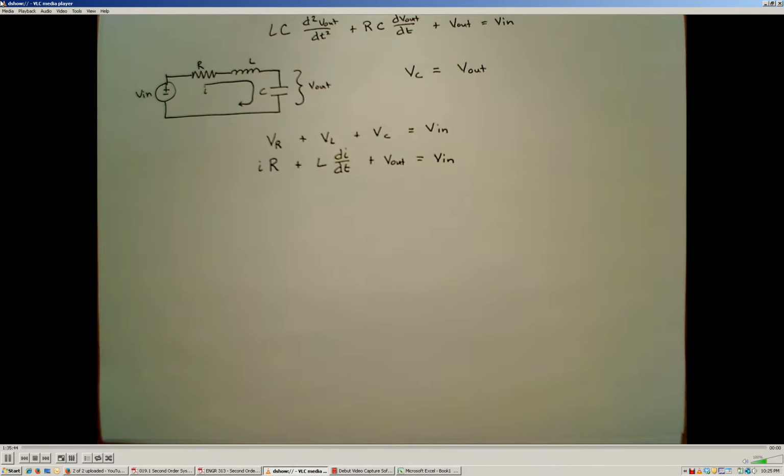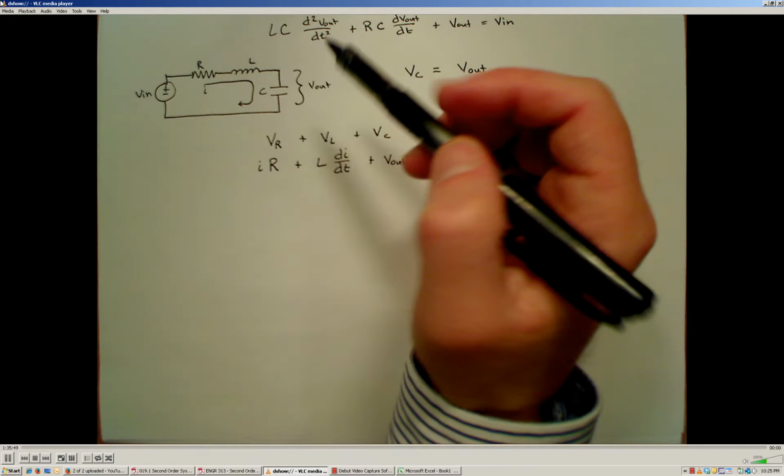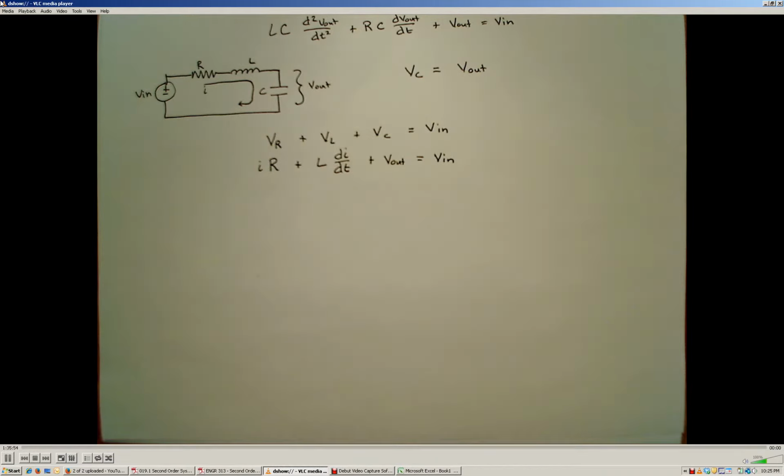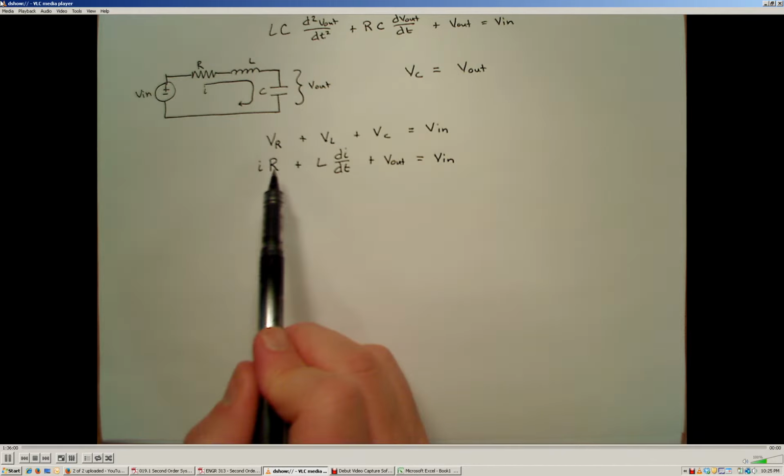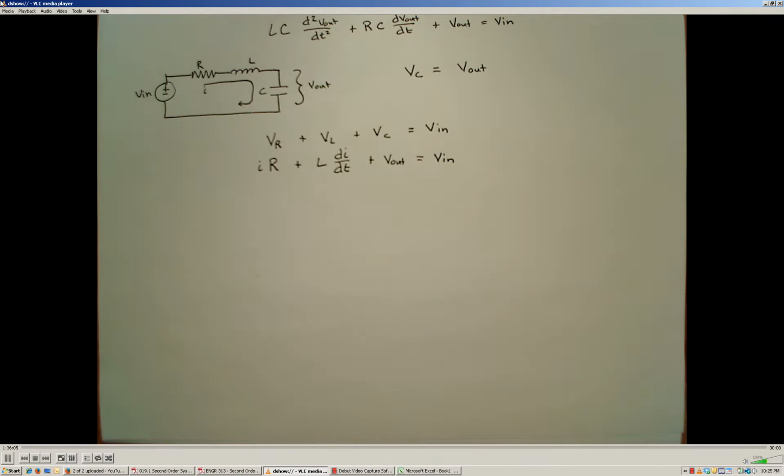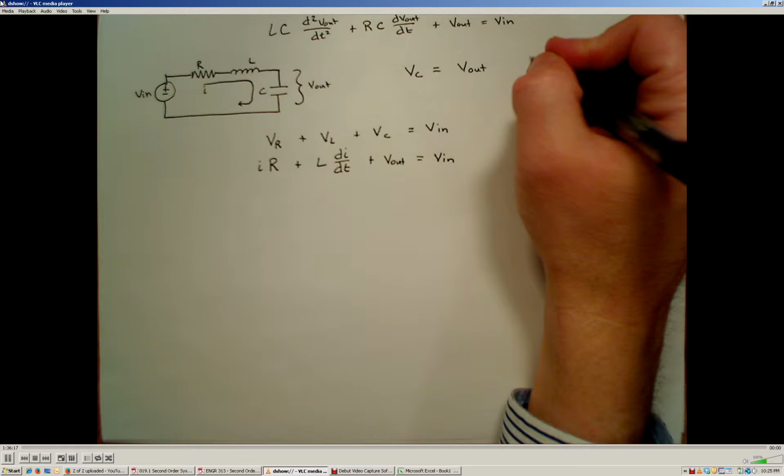Now the next step is to recognize that the current is shared by all of the elements because they are in series with each other. It's my job to relate the current to the voltage across the capacitor, which is the same thing as the output voltage. Luckily, we know a relationship that tells us how the voltage across the capacitor is related to the current through the capacitor, and that relationship is a derivative relationship.